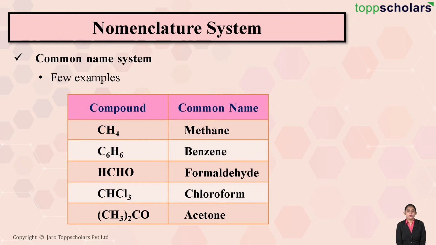It is very difficult to remember millions of carbon compounds with these common names. So definitely there should be a systematic way of naming these carbon compounds, so that it becomes very easy to name and identify them and there is no confusion between the compounds.